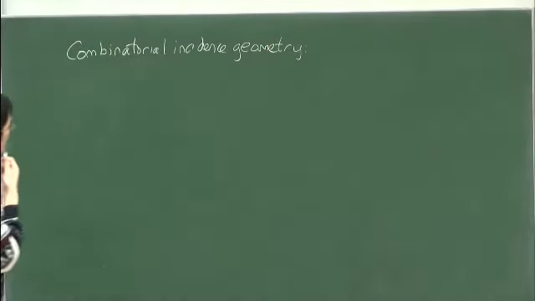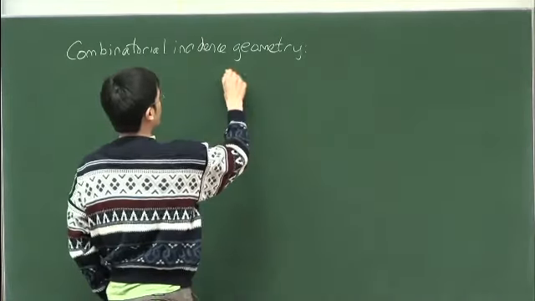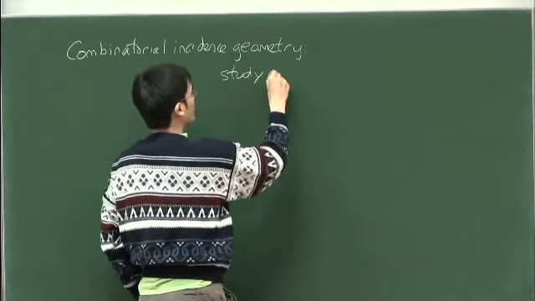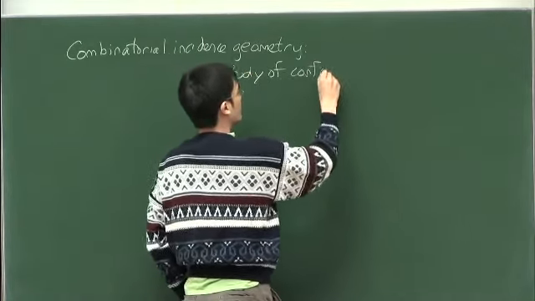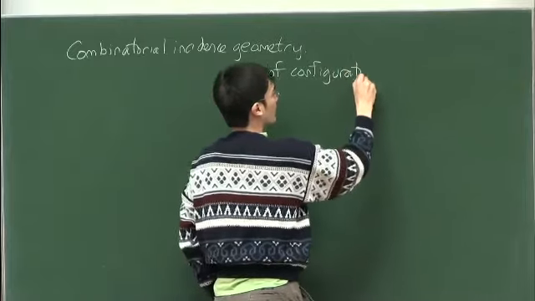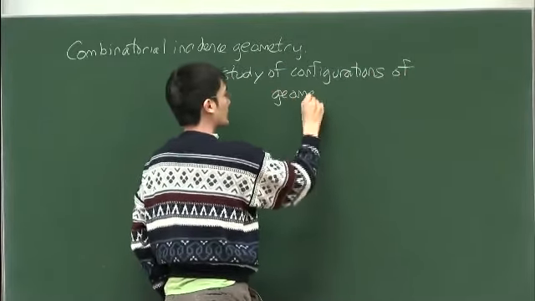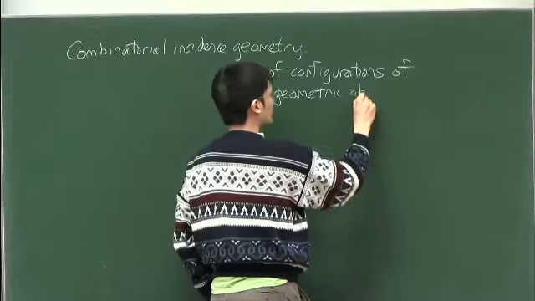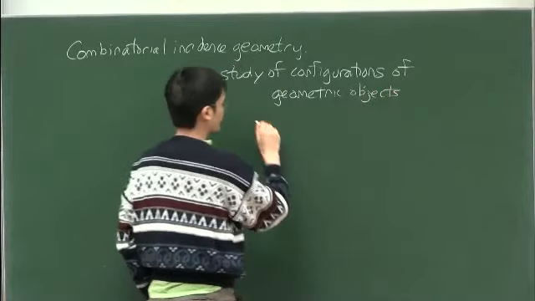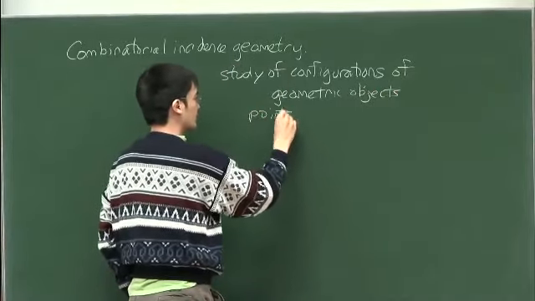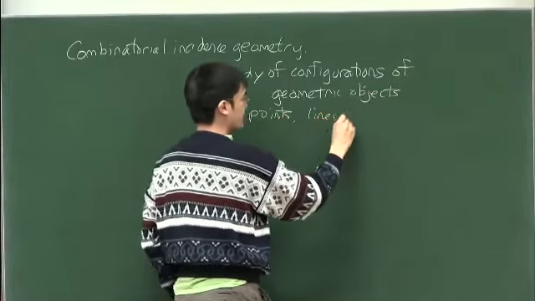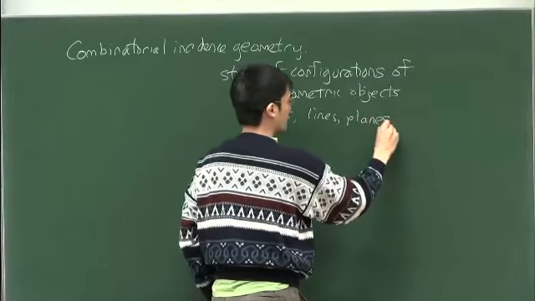So combinatorial incidence geometry is the combinatorial study of configurations of simple geometric objects. Really simple objects like points, lines, planes, circles, and so forth.